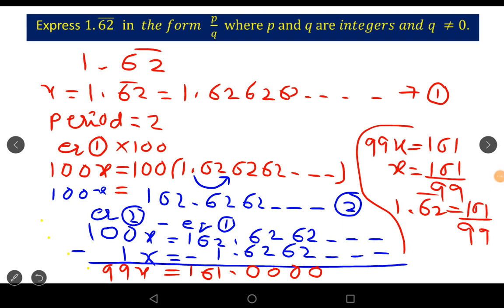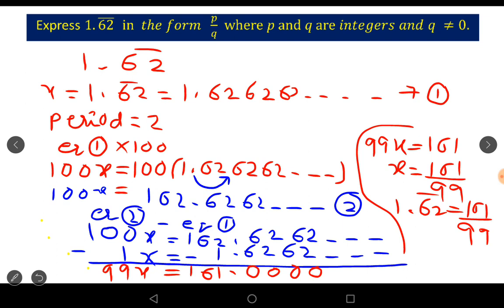Okay students, first step, write the given number x, let x equal 1.62 bar, expanded form 1.626262, that is equation 1. Here 2 digits repeat, so period is 2, so multiply with 100. 100x is equal to 100 times 1.626262.